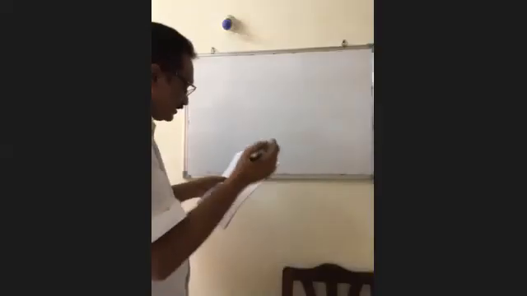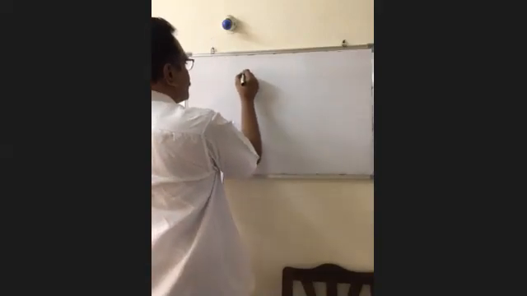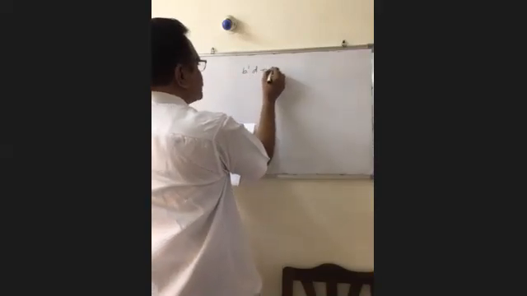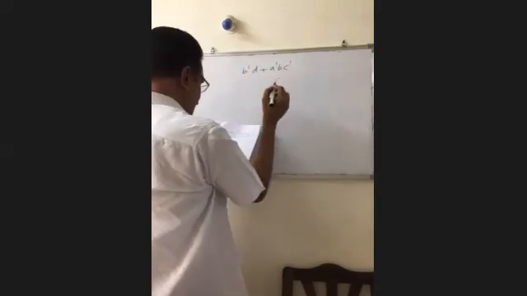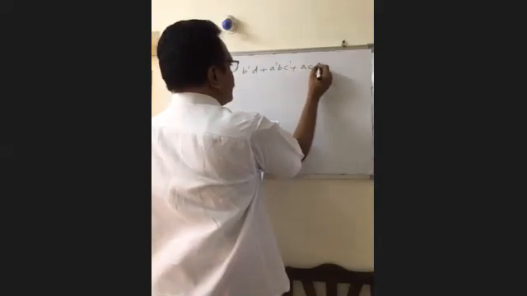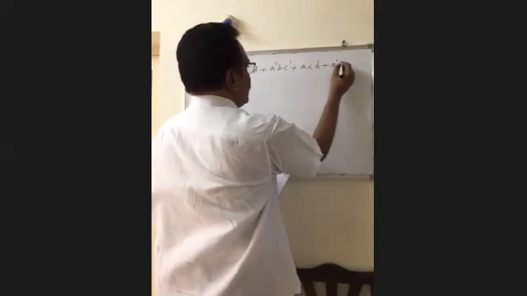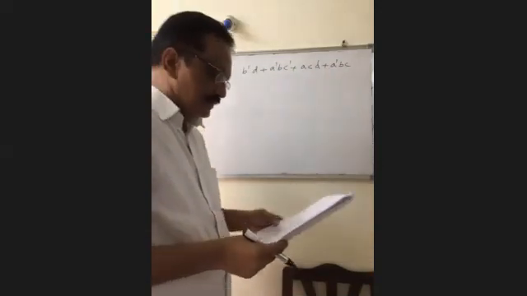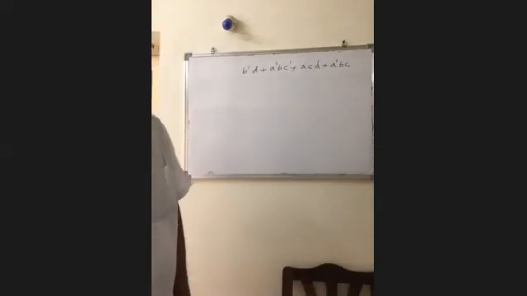First, note one example. B dash D plus A dash B C dash plus A C B plus A dash B C, and then find out its complement and obtain the minimal expression.